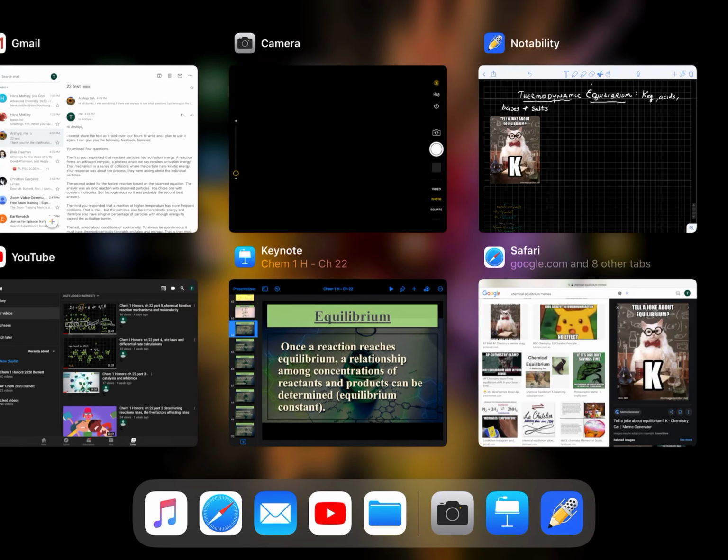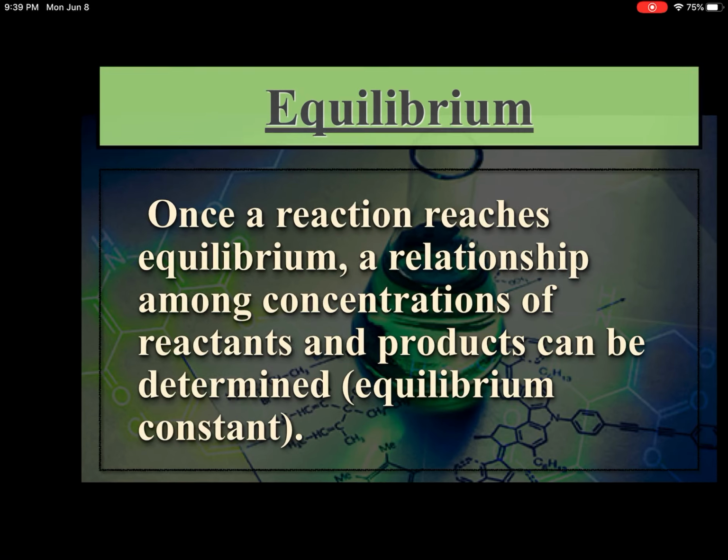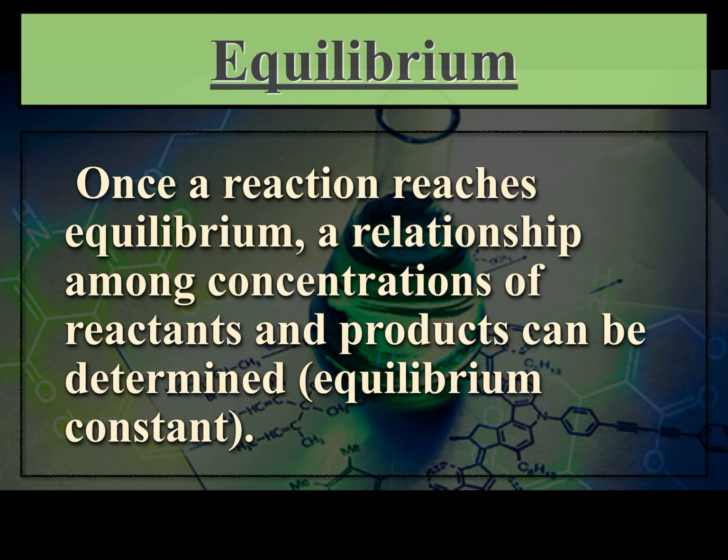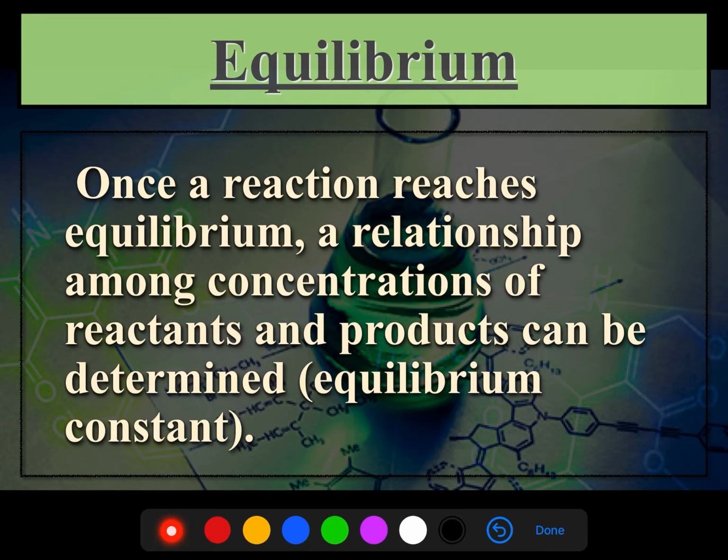All right, so at the end of chapter 22, we left off: once a reaction reaches equilibria, the relationship among the concentrations of reactants and products can be determined. And I said that that was the equilibria constant, what they call capital K, or generalized, K with a little EQ, which means products over reactants for any generalized equation.